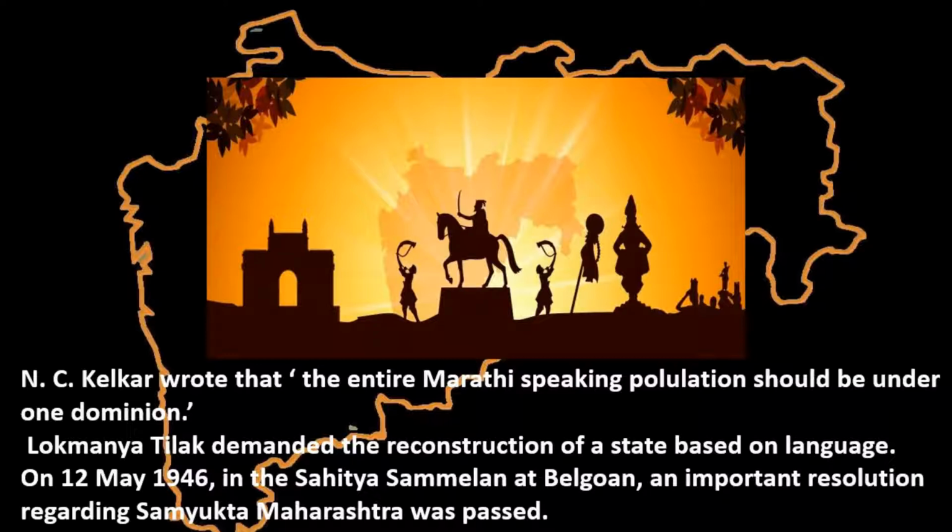Then on 12th May 1946, the Sahitya Sammelan at Belgaum was held. An important resolution regarding Sanyukta Maharashtra was passed in that Sammelan. From that time onwards, the Sanyukta Maharashtra movement, means a united Maharashtra we want, started.